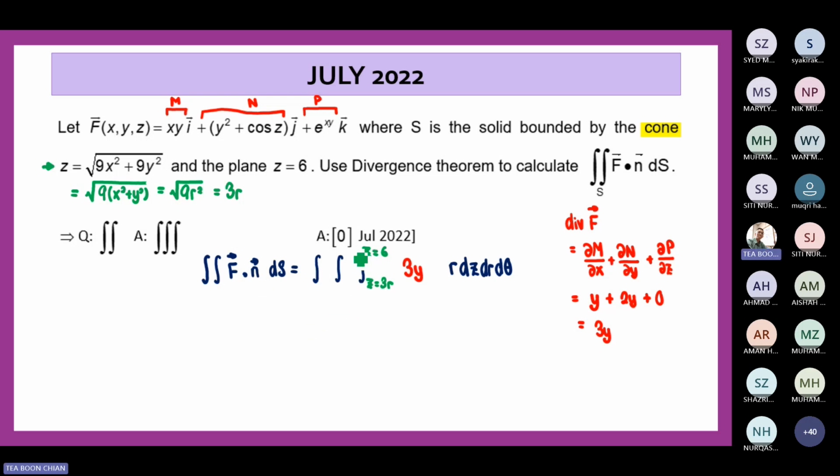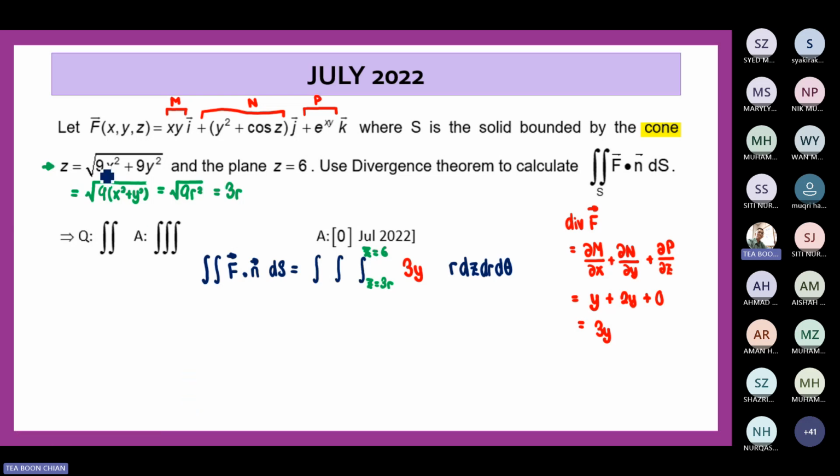So next, what about the radius? In order for us to find the radius, which I've mentioned a few times in class, to find the radius of the circle, we will find the intersection between the two surfaces given. You are given z equals square root of this function, and the plane z equals 6. Therefore, solve these two equations simultaneously. Basically, from here you can already find the solution easily. Why?